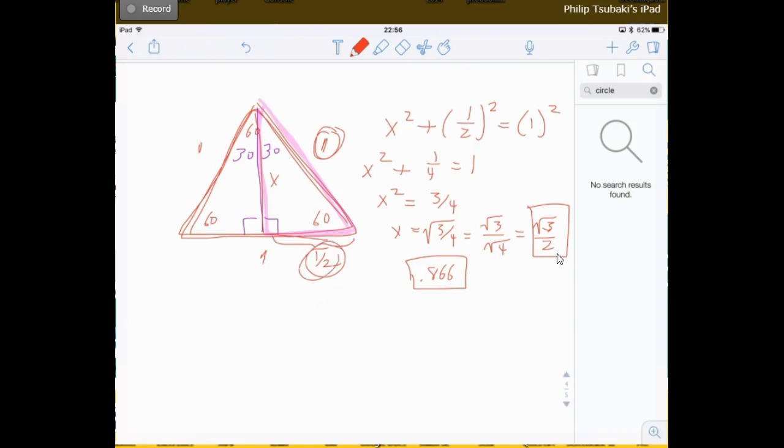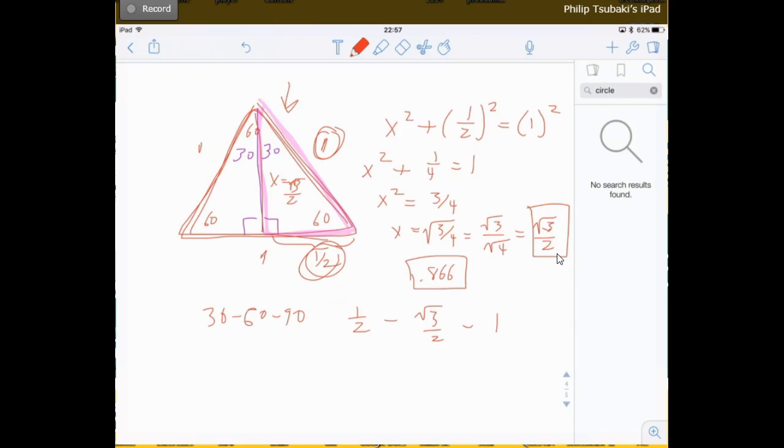The long leg is going to equal square root of 3 over 2. So now you have to be convinced that a 30-60-90 triangle with a hypotenuse of 1 will have sides 1/2, square root of 3 over 2, and 1. And that's something you kind of need to memorize, or you need to do this process really quickly to figure out what it is.